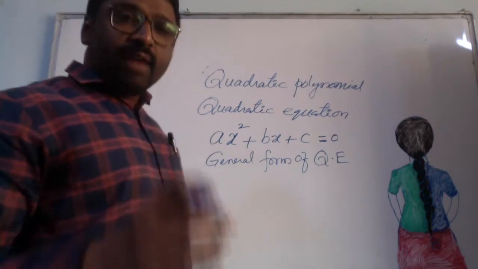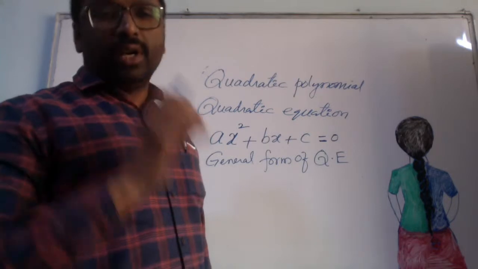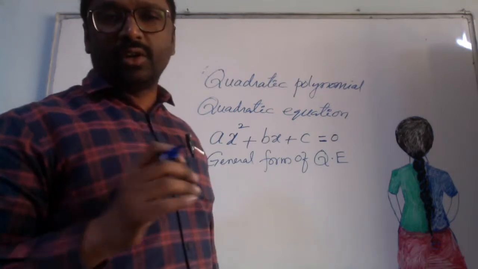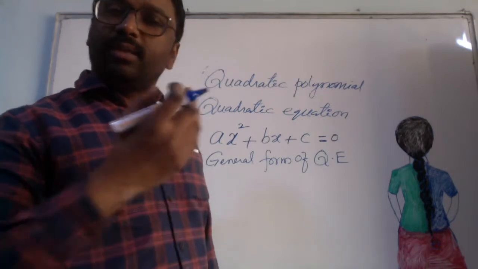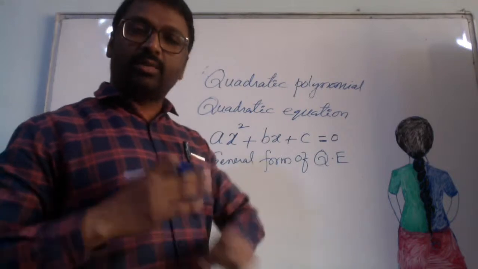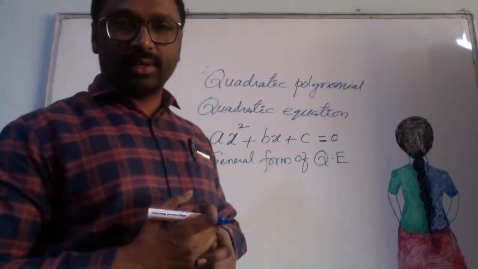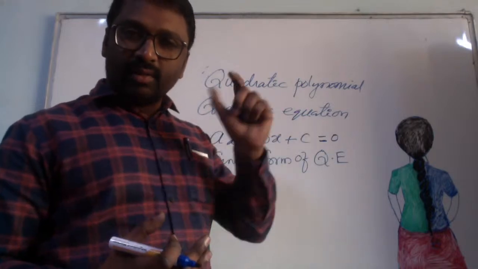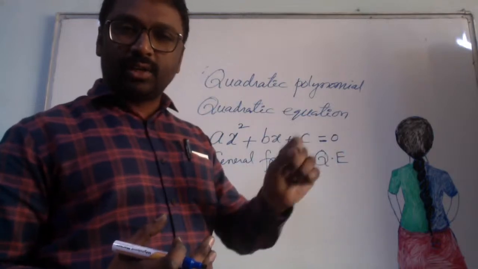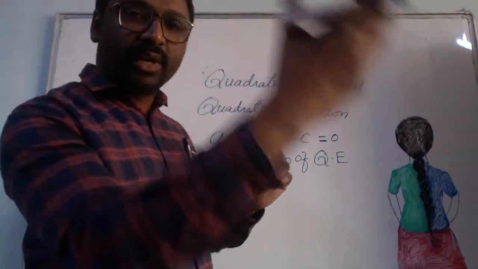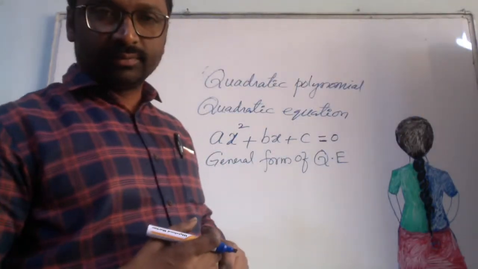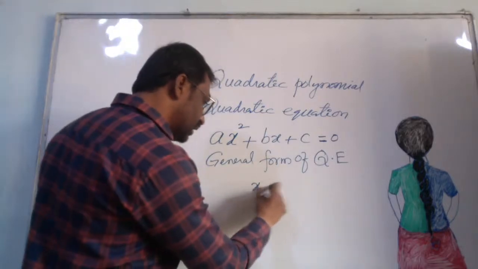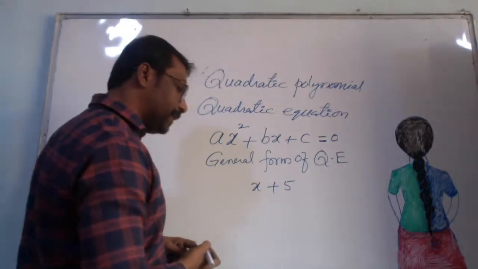Every polynomial has zero values. Already in the polynomial chapter you learned what the zero of a polynomial is. Zero of the polynomial means the value of the variable for which the value of the polynomial is 0. For example, x plus 5 is one polynomial.